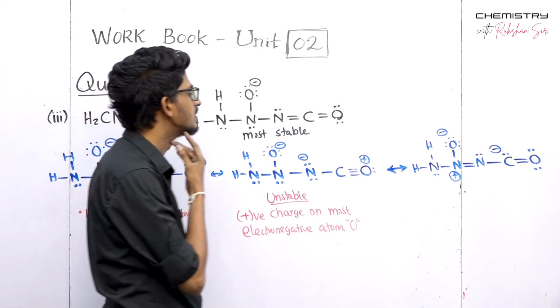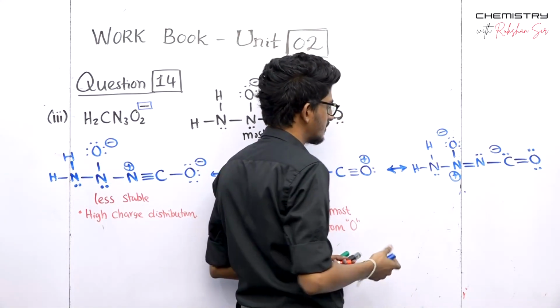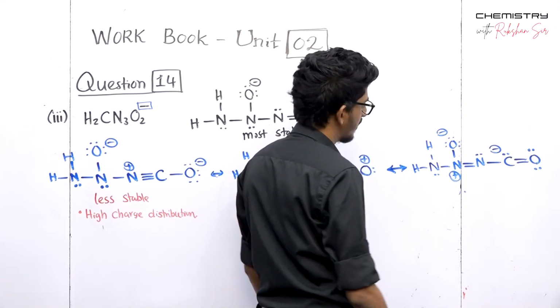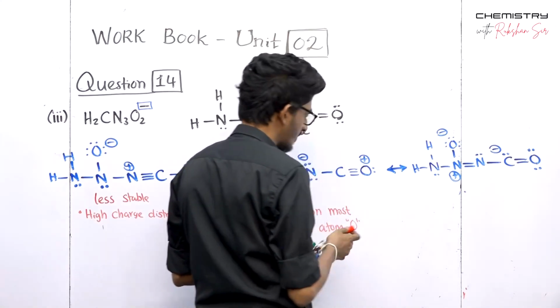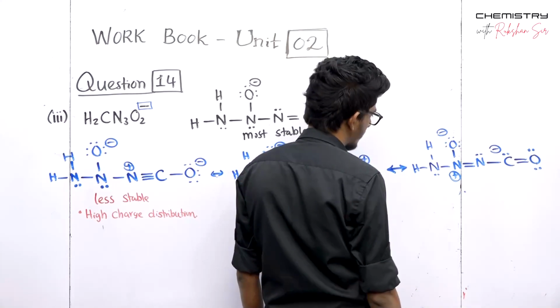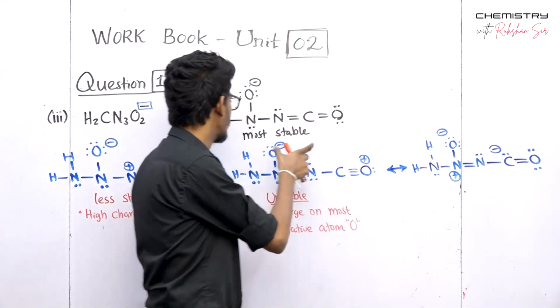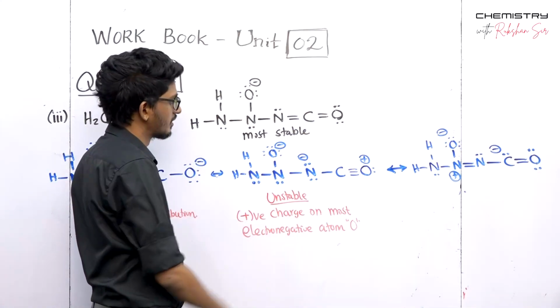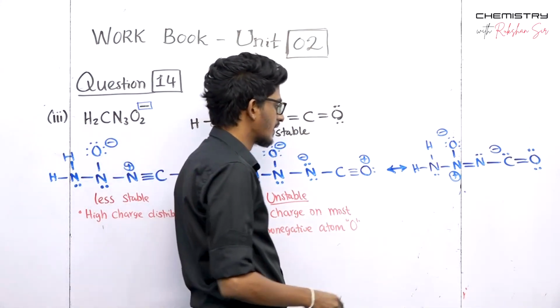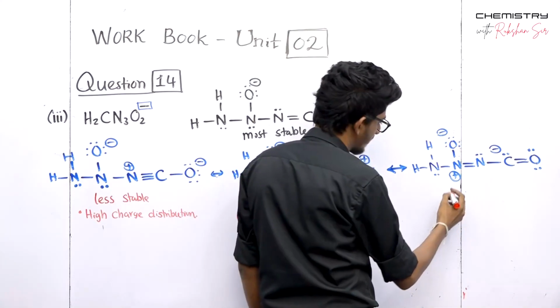Next one. Here again there is no reason to become unstable, right? But when it comes to reasons of being less stable, yes, there is one, because of high charge distribution. You have 3 atoms with charges here compared to only 1 atom in the most stable structure. So compared to the most stable structure, you have more atoms with charges. So it is a reason to become less stable.